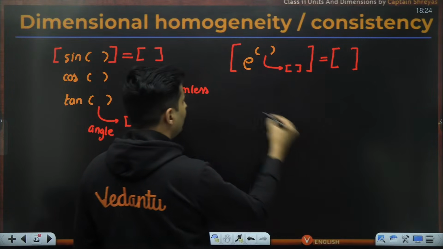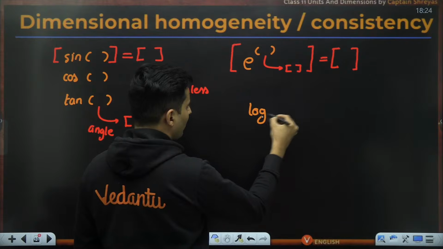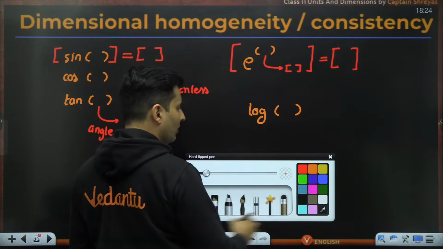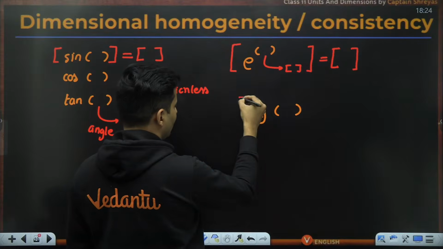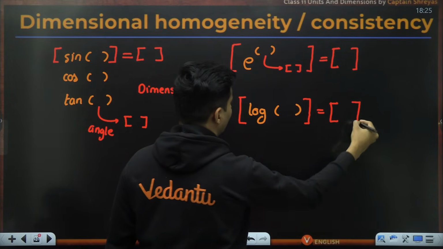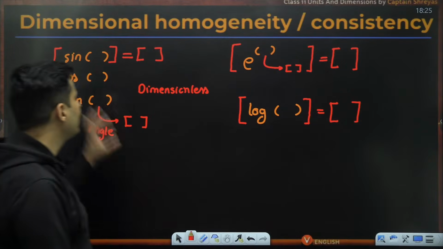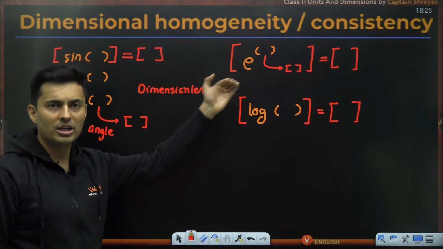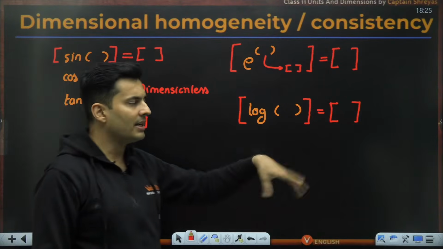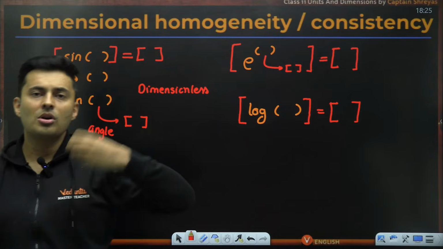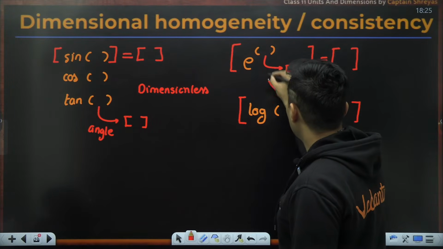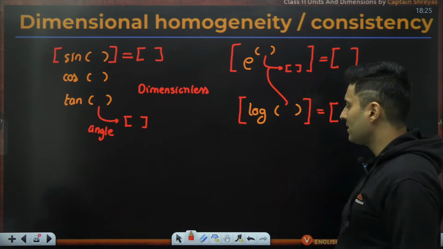Not just that, even the quantities of logarithm, which you are going to study very soon. If you take the log of some quantity, you are going to see that it is also going to be dimensionless. So all these quantities, trigonometric, exponential, logarithmic, are all going to be dimensionless, and whatever is inside their brackets is also going to be a dimensionless entity.